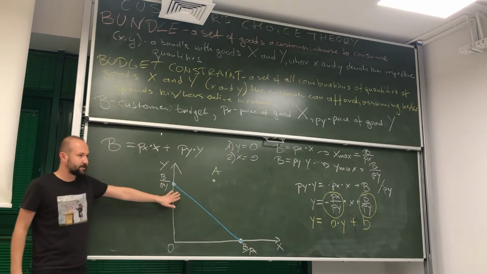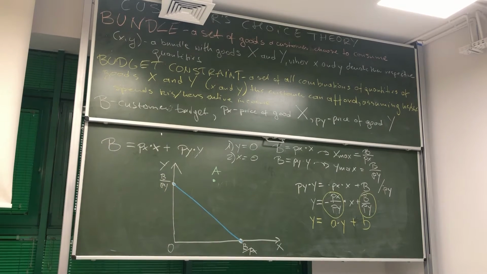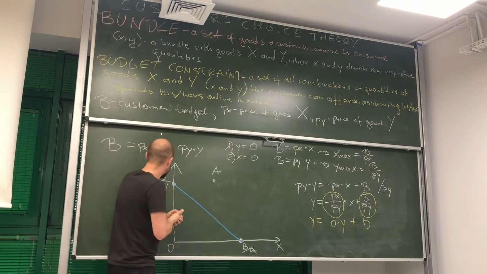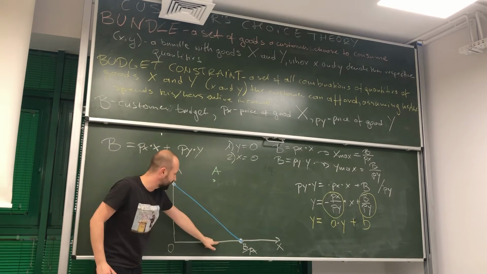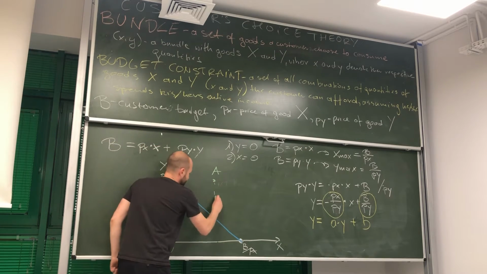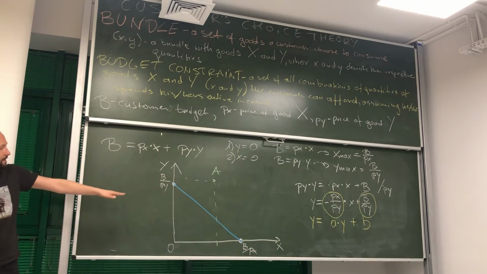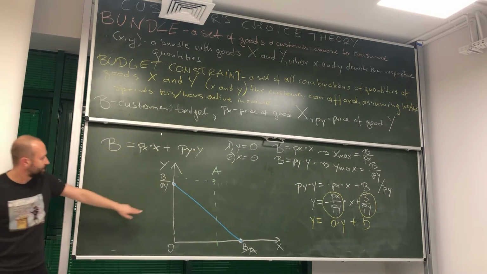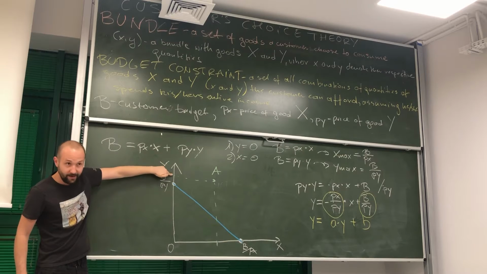Given the customer's income, the customer cannot afford to buy at the same time this many units of good y and this many units of good x, right? Simply, customer does not have enough money to purchase this many units of good y, right?